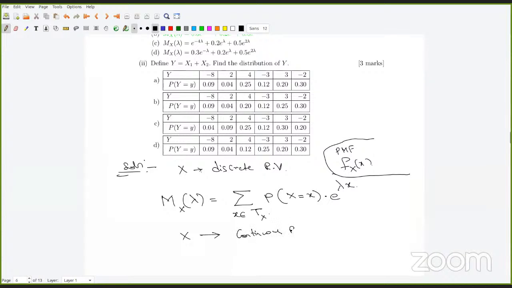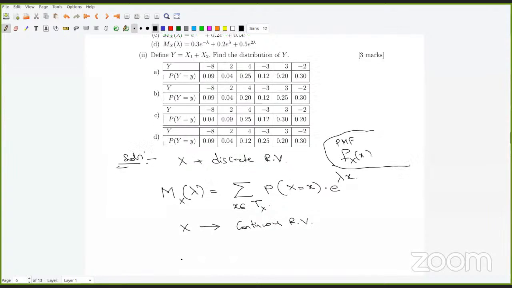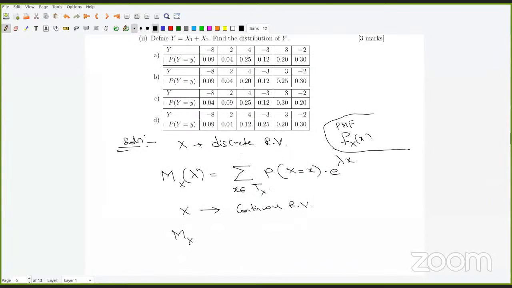It is integration over the support of X: the integral of f_X of x times e to the power lambda x. Correct?